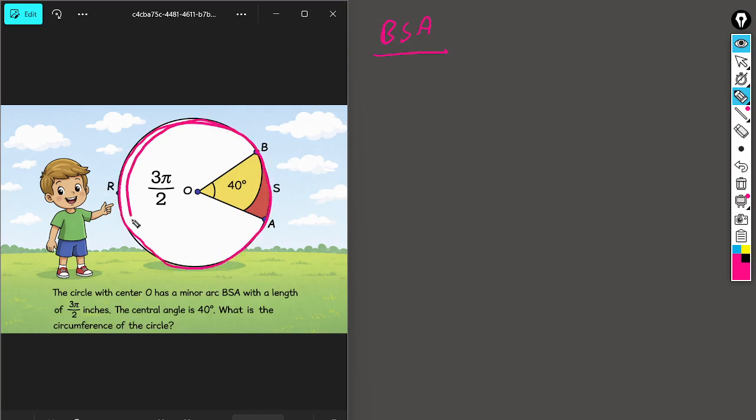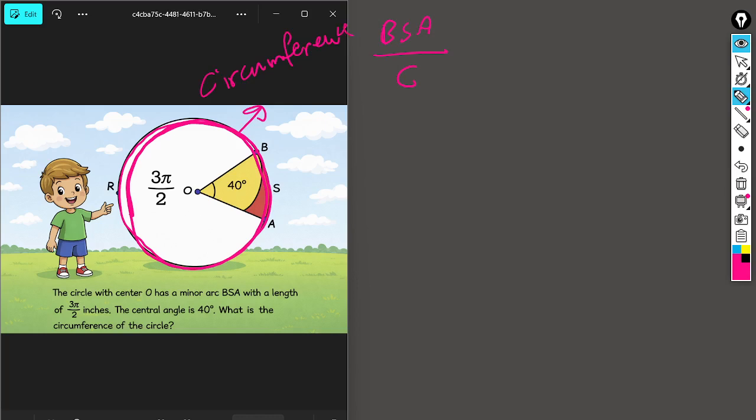Here is the circumference, which is the whole circle. So we can say that BSA, which is the arc length, is connected with the circumference C.